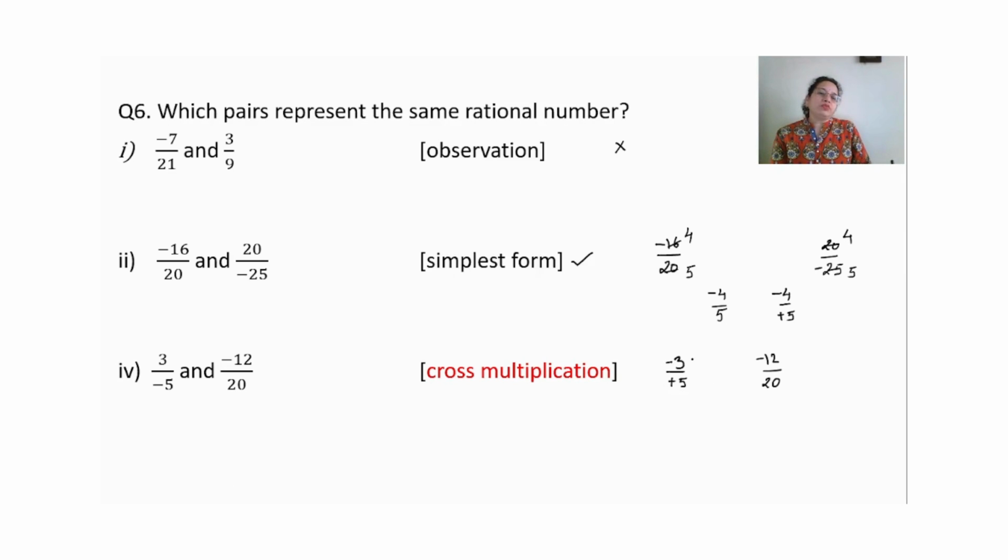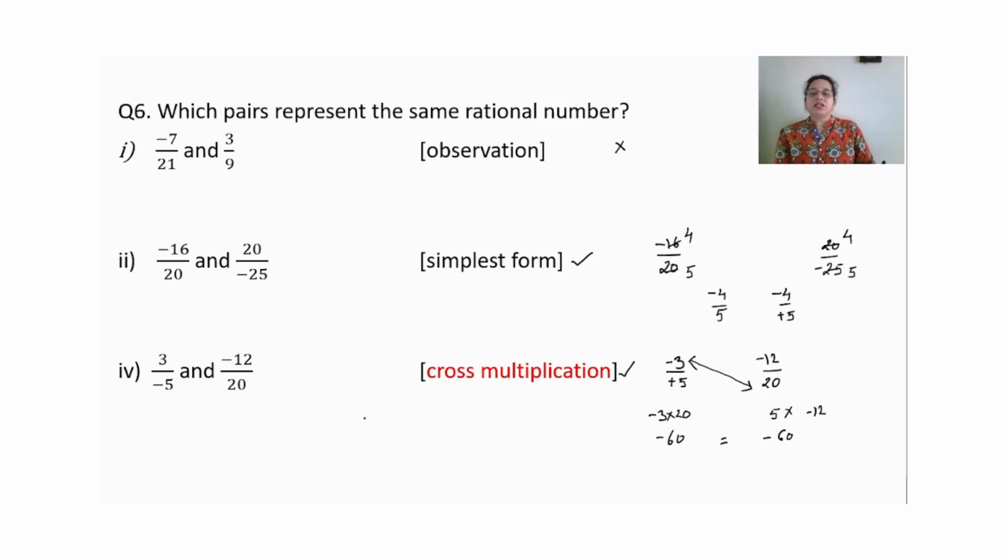Always first multiply these two numbers, wherever the two arrows are. So minus 3 into 20 will give you minus 60. Now multiply the remaining two numbers, 5 into minus 12, 12 5s are 60, so minus 60. So these two are equal. It means these are equivalent rational numbers.